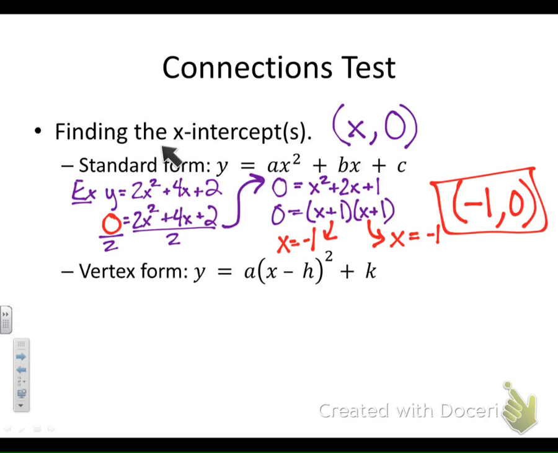Same rules apply. If I'm trying to find an x-intercept, I'm going to plug a 0 into the y-coordinate. Let's say we start off with this equation, and as part of this connections test, you've got to find the x-intercept. If I'm finding the x-intercept, I need to realize that the y-coordinate has to be 0. So I'm going to put a 0 in for the y-coordinate and solve.